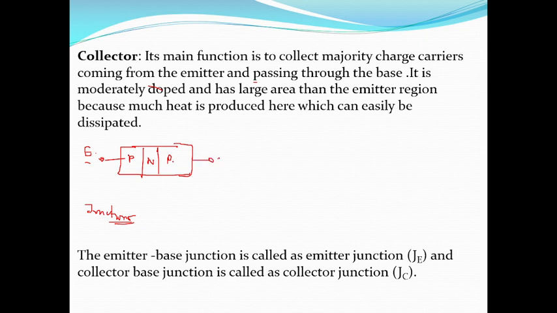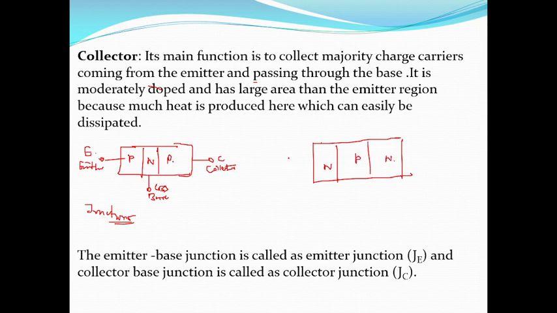Next, this forms the collector, and this is the base. Next, if I form an NPN transistor, this is the emitter, this is the collector, and this is the base.